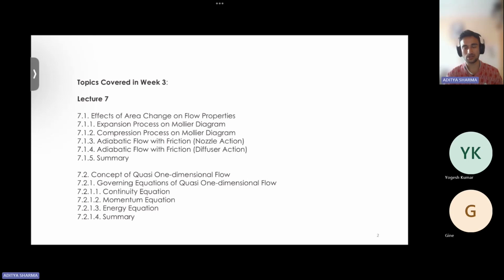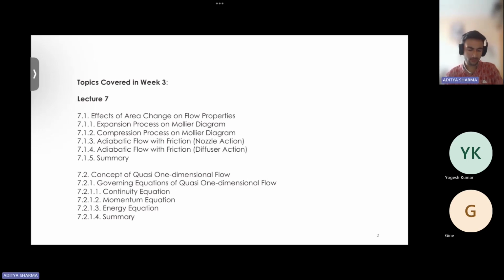Nozzle action means we want to increase the velocity, and diffuser action means we want to decrease the flow from its current velocity. So when friction comes into the picture, how do we understand such flows? That was discussed in these lectures.